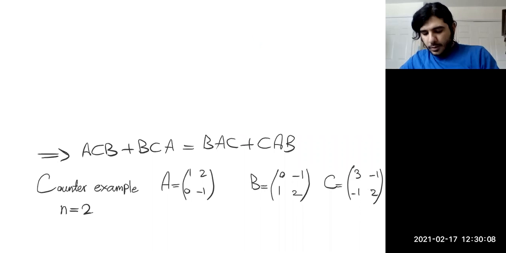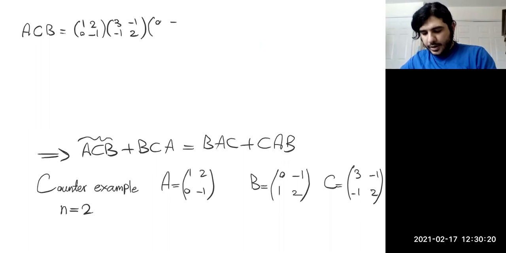On one side, we have ACB. ACB is equal to 1, 2, 0, minus 1 times 3, minus 1, minus 1, 2 times 0, minus 1, 1, 2. First I compute the multiplication of the first two matrices.